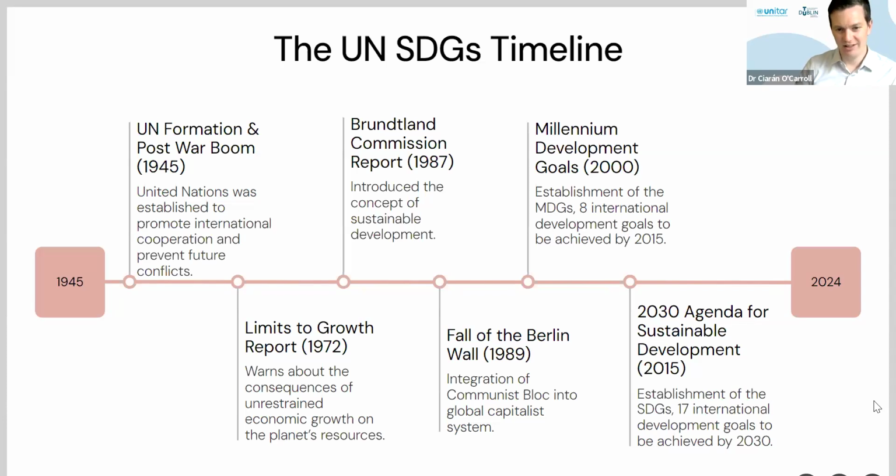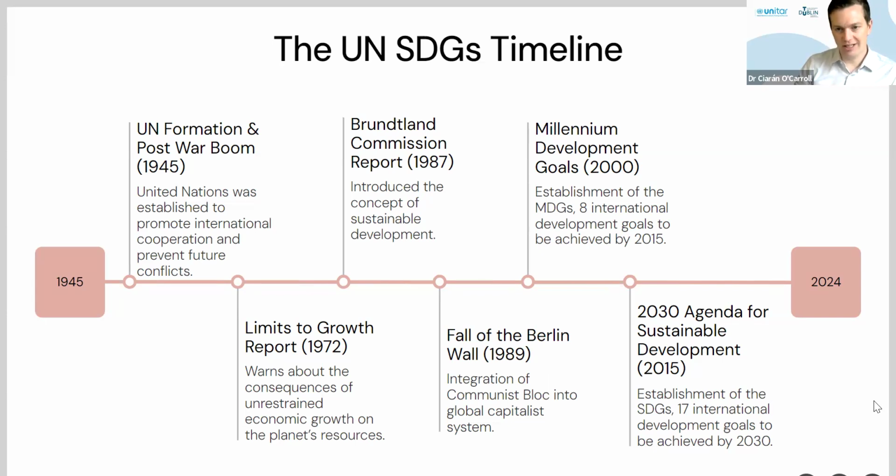We have to wait another 16 years almost for the next major event, and it was the Brundtland Commission report, not a very easy to remember name, but it was a report called Our Common Future, and it brought back again this idea that sustainable development was important, and it introduced the term sustainable development to balance economic growth, social inclusion, and environmental protection. So sustainability and sustainable development were back on the table in 1987.